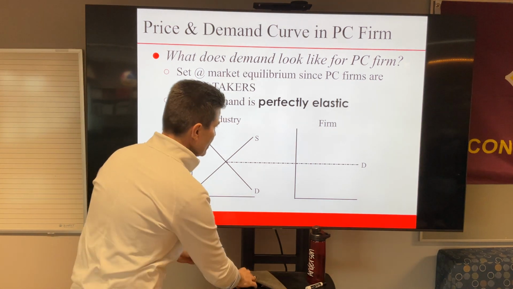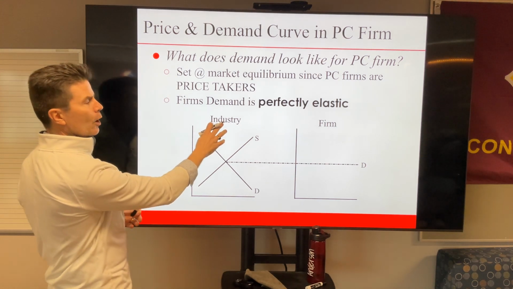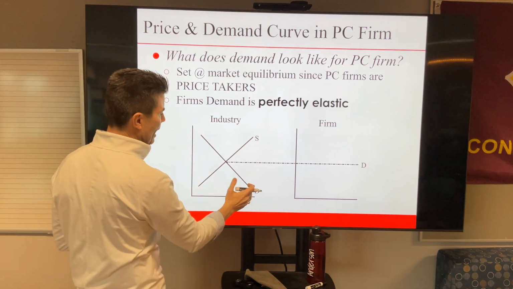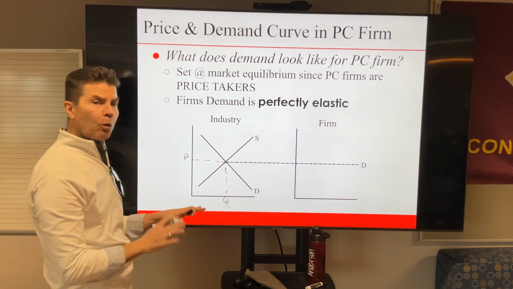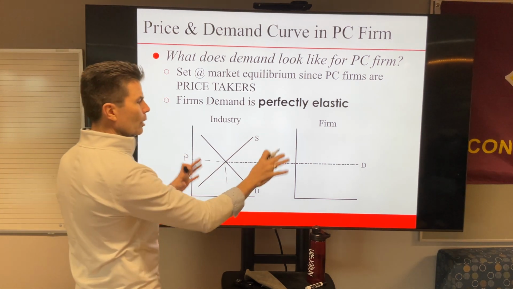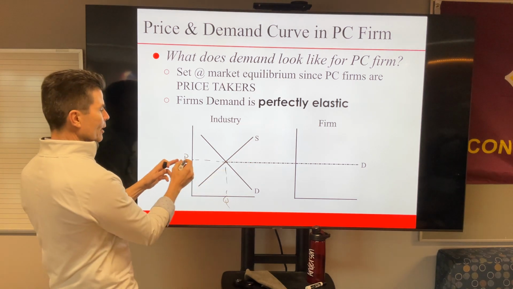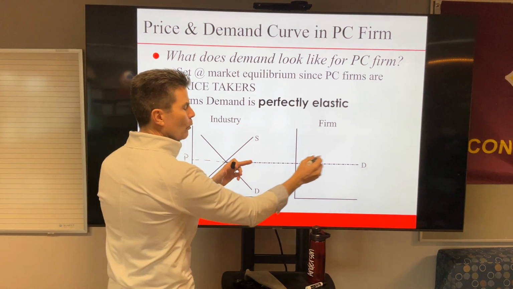It creates this: this is my industry or my market. This is the supply and demand. Here's my price in the industry. Here's my industry quantity. And when you look at how it impacts the firm, this price continues all the way through here.